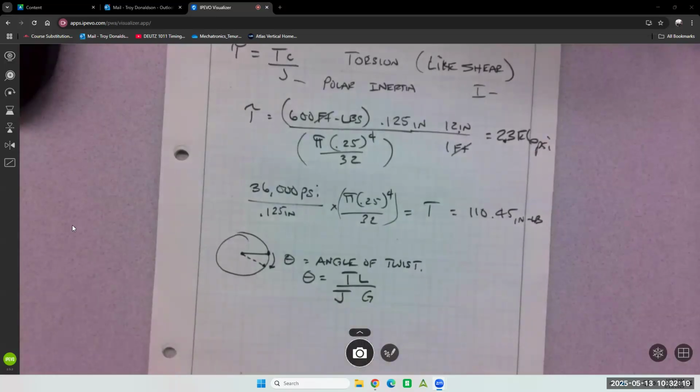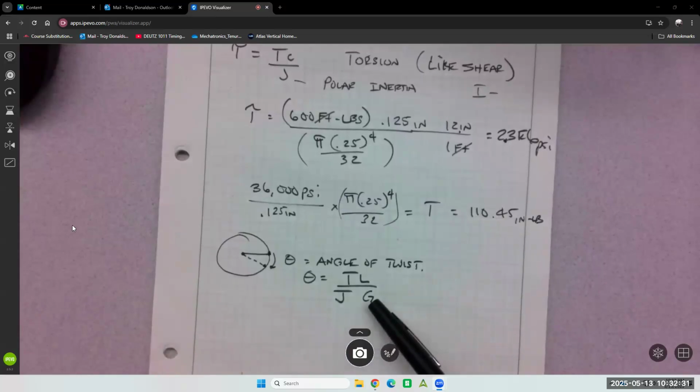That had everything to do with bending, and we're going to use it in bending big time. And also in pulling things apart, E was involved. Well, twisting, it's a different material property. It's G, the modulus of rigidity. Again, it's a material property.